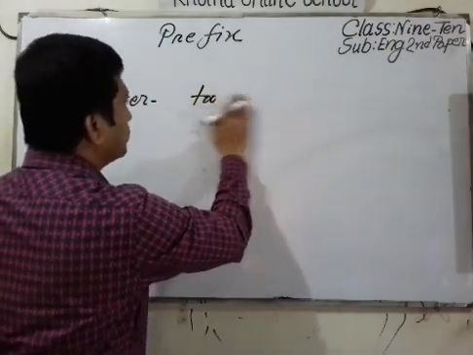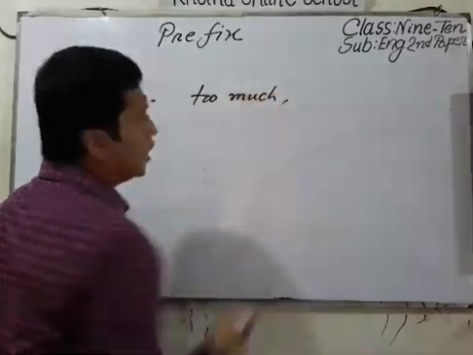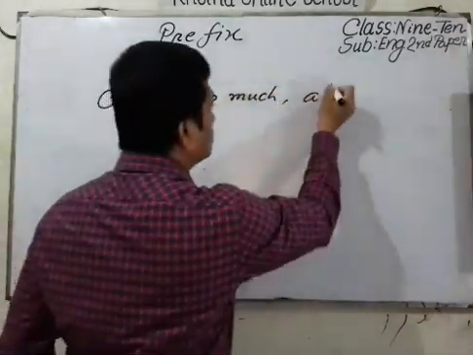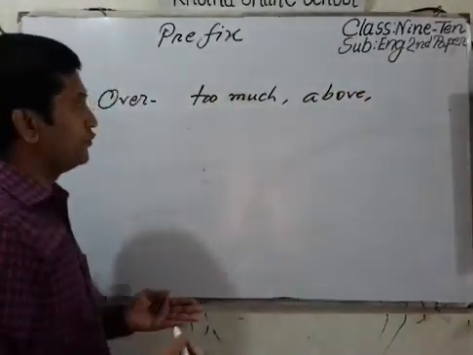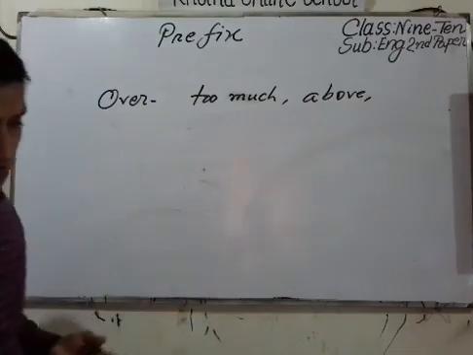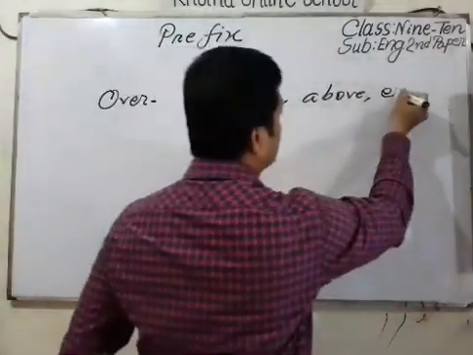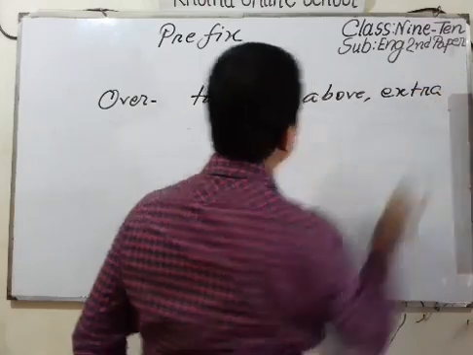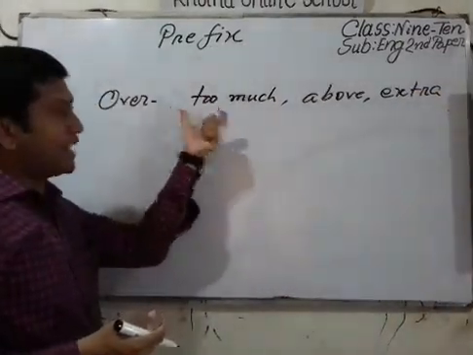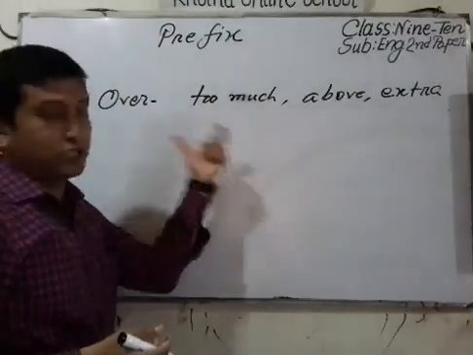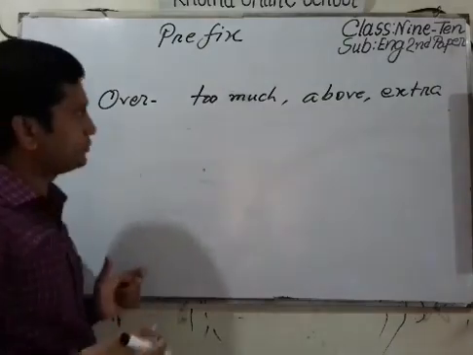Over means too much, or above, or you can say extra. So over has the implied meaning of too much, above, or extra.